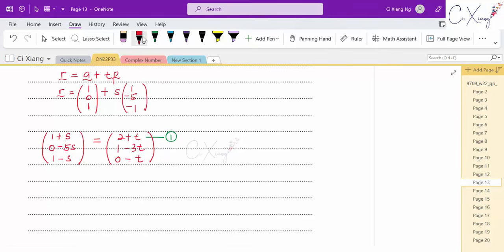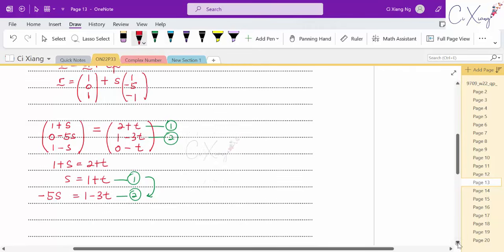So first equation, I'm having 1 plus s equals 2 plus t, where s can be written as 1 plus t. And now I make this as a first equation. And then for the second equation, maybe I refer to this one, where I have negative 5s equals 1 minus 3t. I will make this as a second equation. To solve these two equations simultaneously, I substitute equation number 1 into equation number 2.